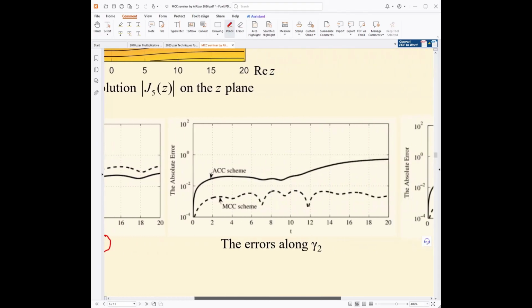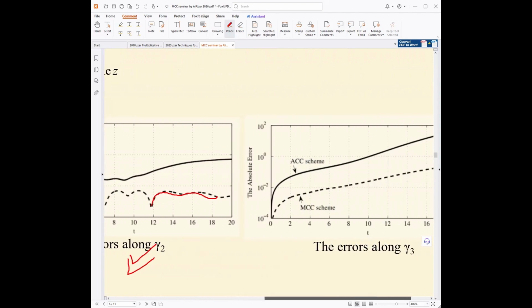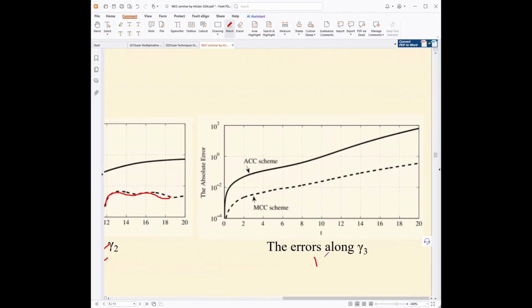In another case study, the multiplicative error, these dashed lines, are smaller than the conventional error. So this second case study shows very good accuracy of the multiplicative calculus. And in the third case study, we even observed very good results.